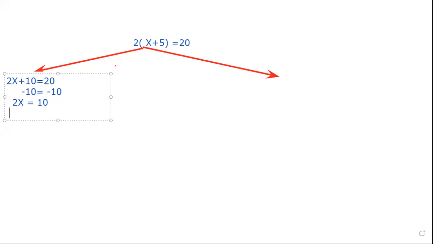It's 2x, so we will divide both sides by 2. Then the answer by the end will be x equals 5.